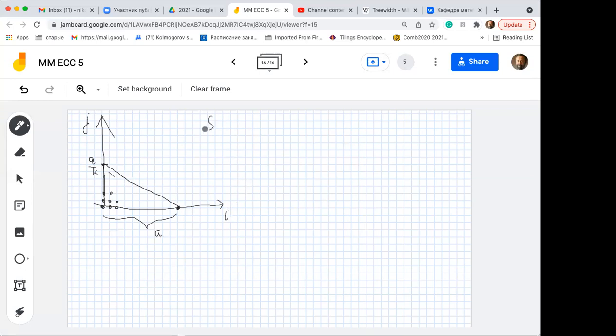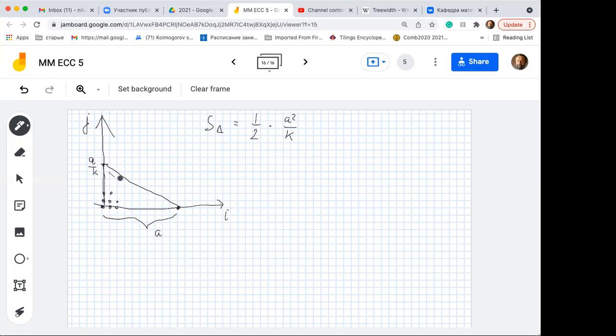The area of the triangle is 1/2 of the product of the legs, which is 1/2 of A squared over k. We just need to understand that the number of pairs lying below this line is strictly larger than the area of this triangle.